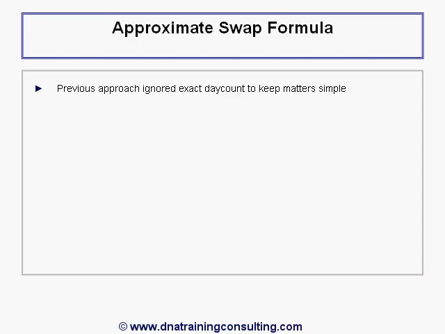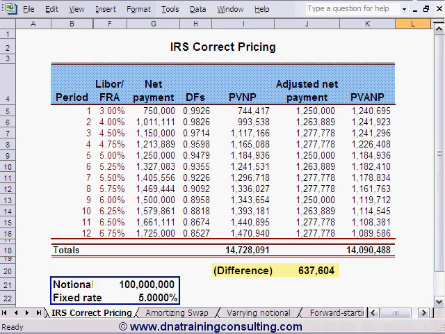Let us see how much inaccuracy this simplification introduced. This worksheet labeled IRS correct pricing now takes the exact time periods into account, but is otherwise identical to the previous worksheet in all other respects.